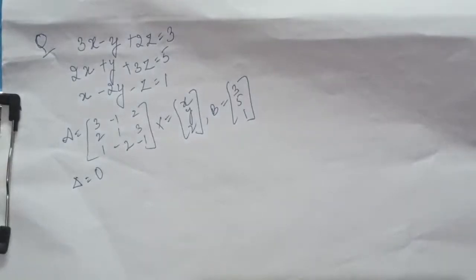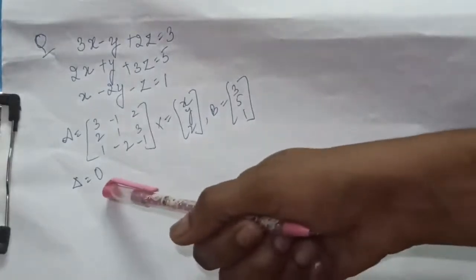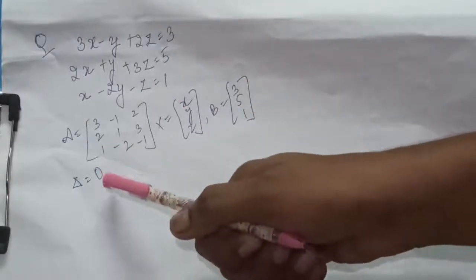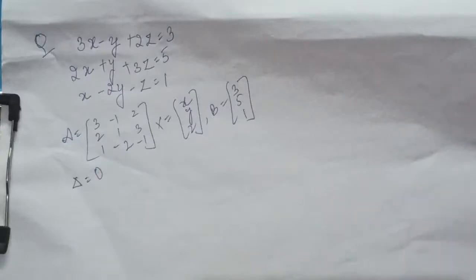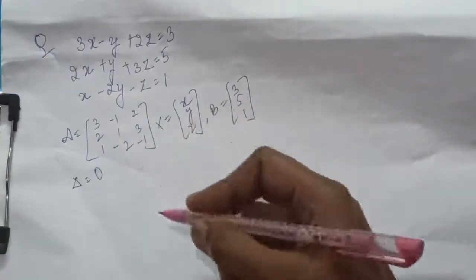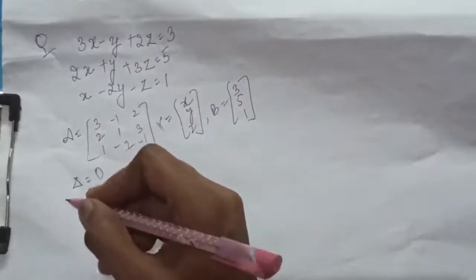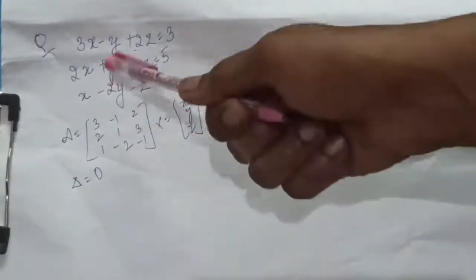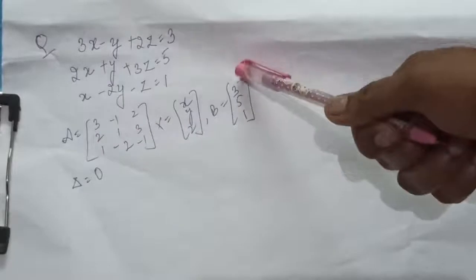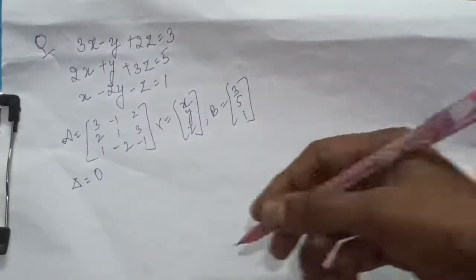So now I have to think about the special cases. Special cases come only when you see the values coming out to be 0. If it is non-zero, then no problem, you can move ahead. Now when it is 0, I will see what my delta 1 is. For finding delta 1, I know I have to replace my first column with B for Cramer's rule.